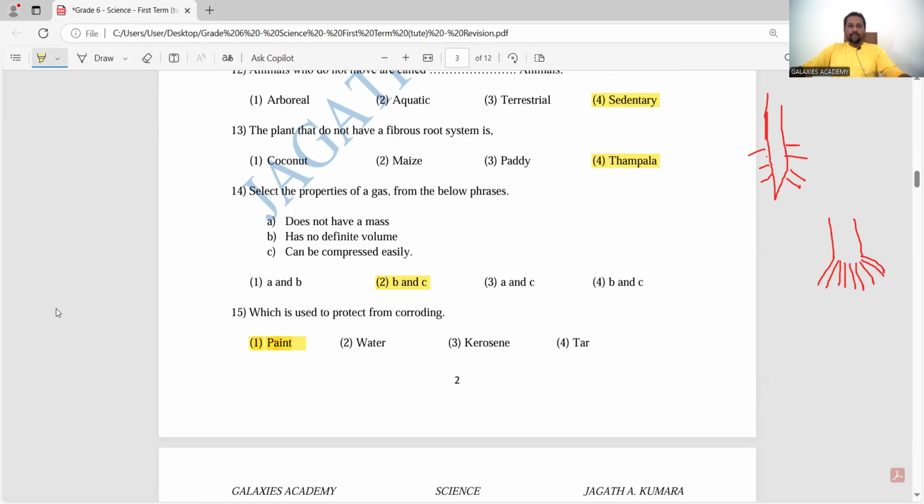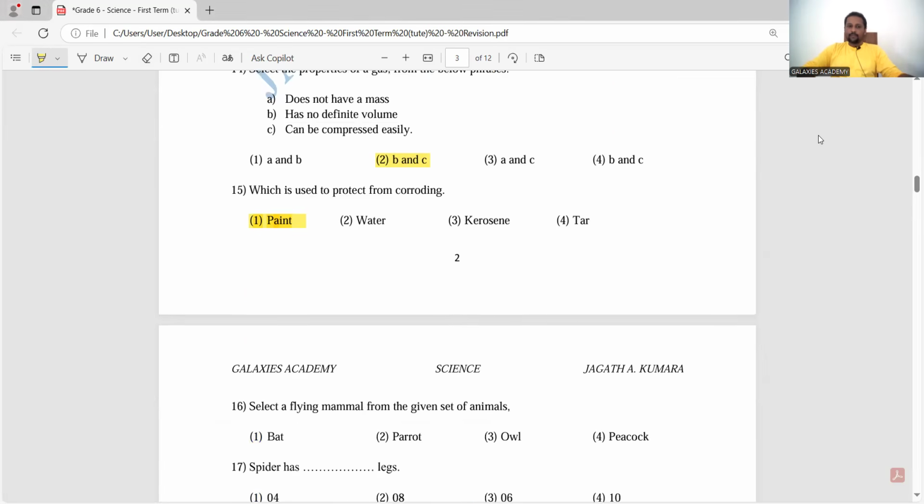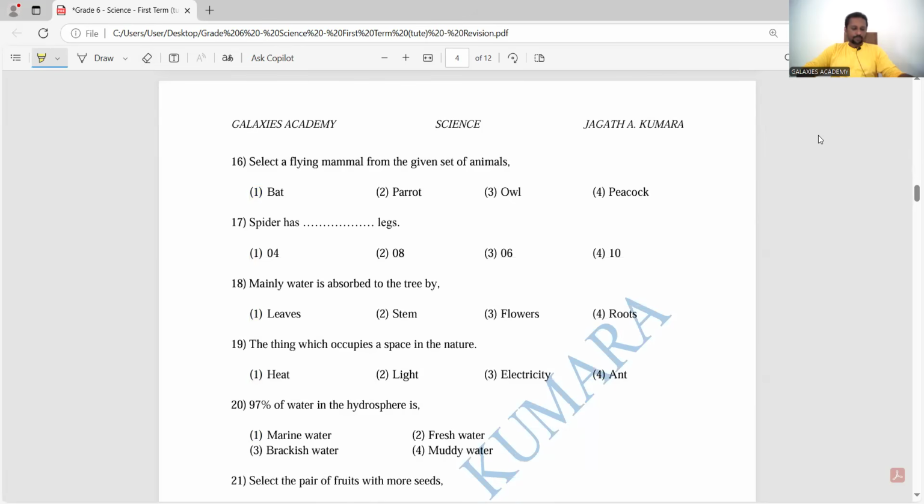Right. Now we already discussed the first 15 questions. Then let's go to our next question, the 16th one. Select a flying mammal from the given set of animals. Mammals means the animals that feed on the mother's milk, right?